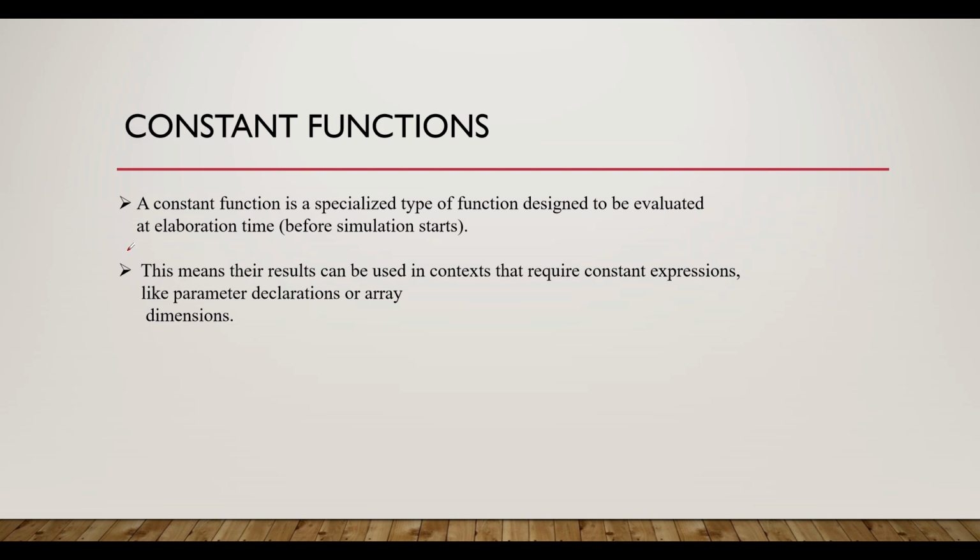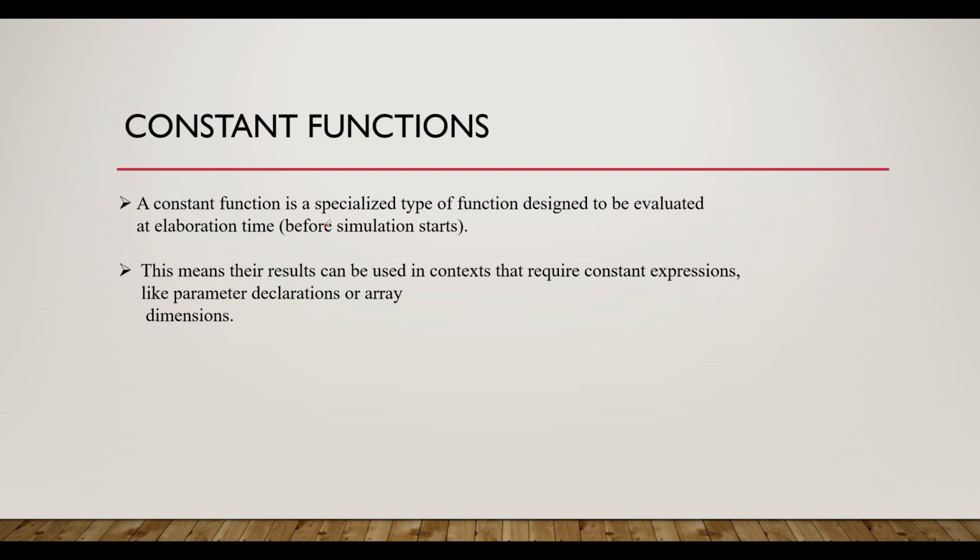Now let's see the constant function. A constant function is a very important thing in functions. Whenever you define a constant function, it is evaluated at elaboration time. When you learn UVM, there are multiple phases like build phase, connect phase, end of elaboration phase, start of simulation phase, then run phase.